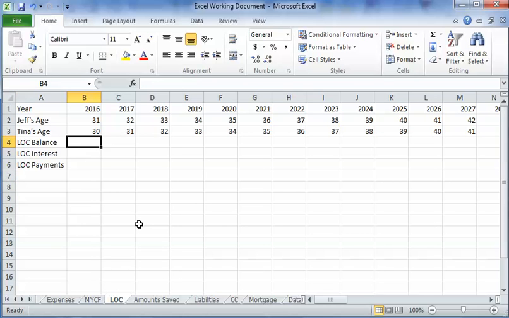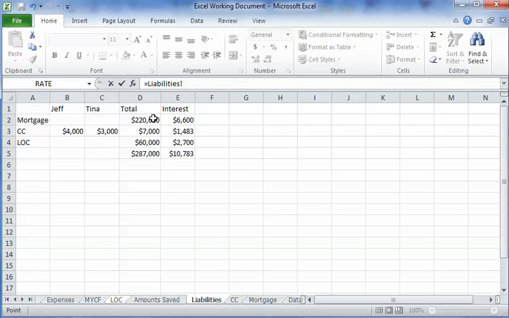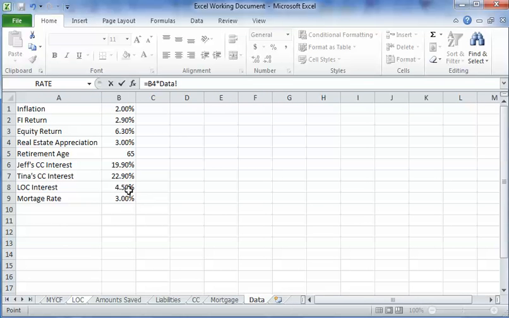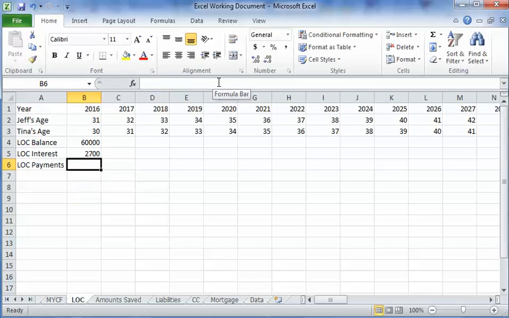So we look at line of credit balance, and that's going to be, at least for starters, equal to our liabilities sheet, and we're just going to pull that right off of here for now. And our line of credit interest is going to be that amount times, and we're going to use our data sheet again here. We got a line of credit interest rate. We're going to make that an absolute, again with that F4 shortcut, put those dollar signs in there.